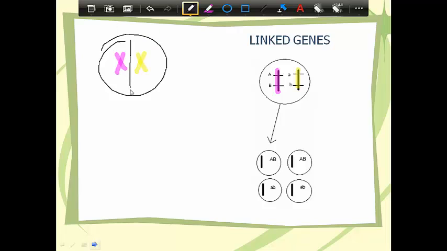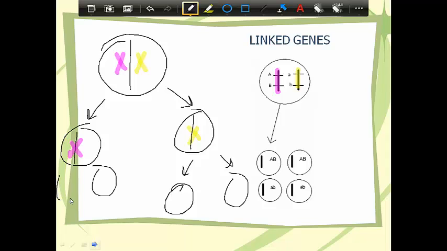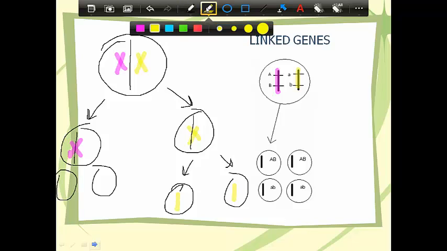The homologous pair separates in meiosis 1. Now we've got 2 cells. Each of those cells has one of those chromosomes in it. In meiosis 2, the sister chromatids divide, so each of those becomes 2. And fill those in with the resulting chromosomes.